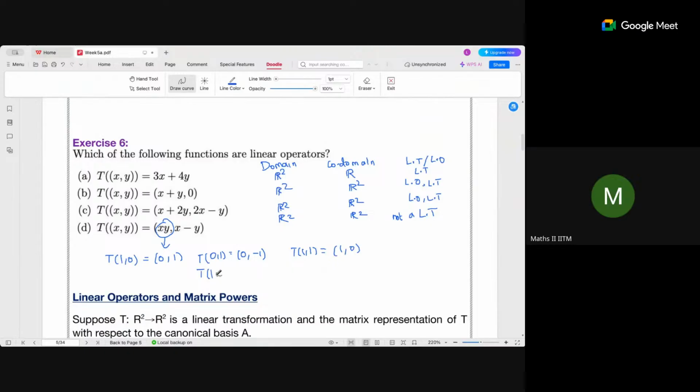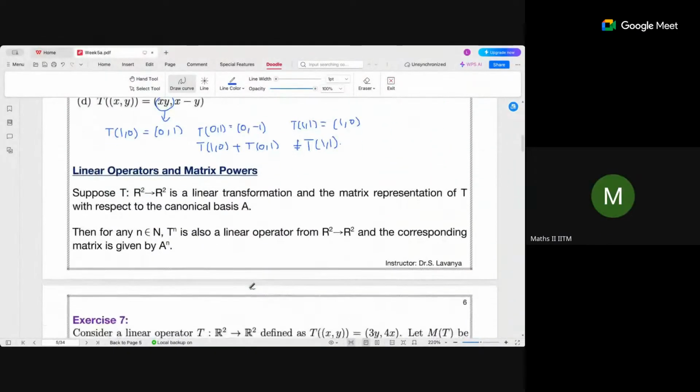But you can see that clearly T of 1 comma 0 plus T of 0 comma 1 is not the same as T of 1 comma 1. Correct? It should have been equal, right? For a linear transformation. Got it? Yes, okay, ma'am. Thank you. All right.